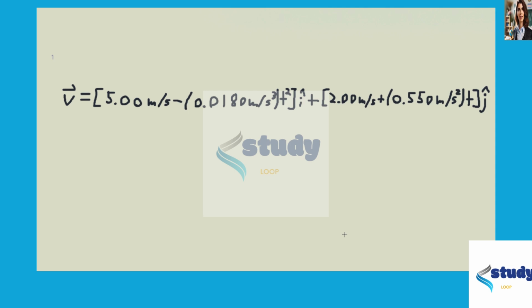Okay, so for this problem, we're given a velocity vector as a function of time. For part A of the problem, it's asking what are the x and y components of the car's acceleration?